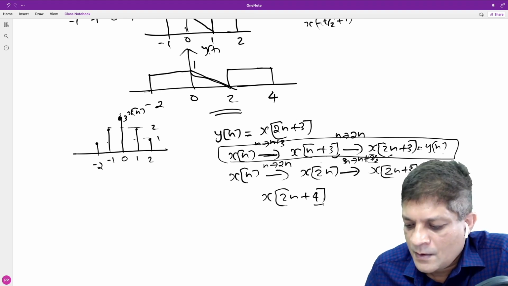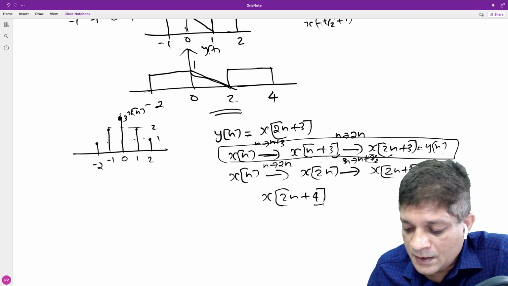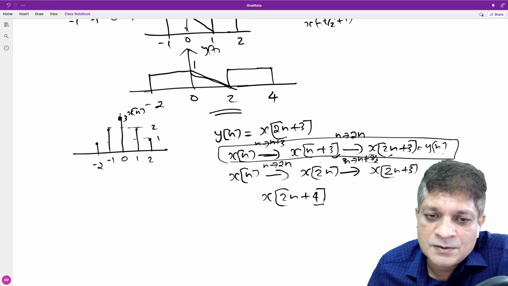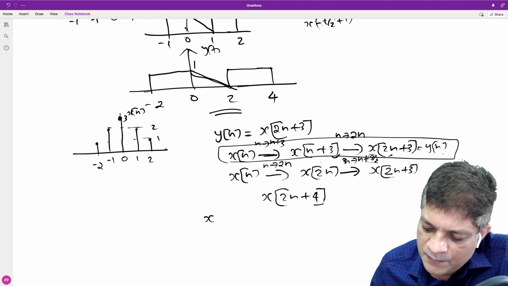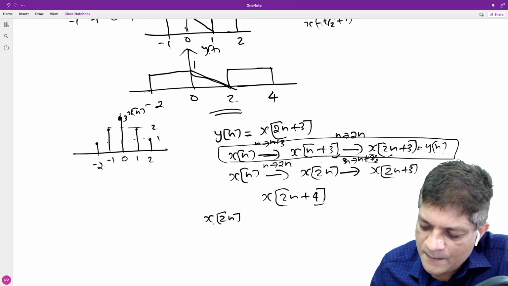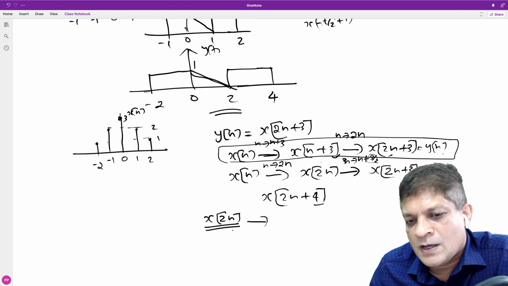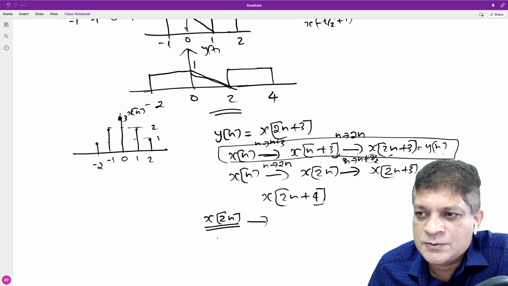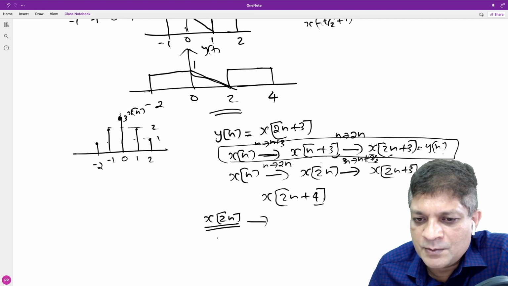Another thing is you can visualize that also. Why is this shift not possible? If you are doing x[2n], what is happening to the signal? X[2n] means we are losing information about the odd numbered samples.